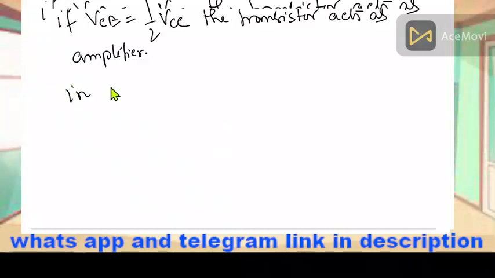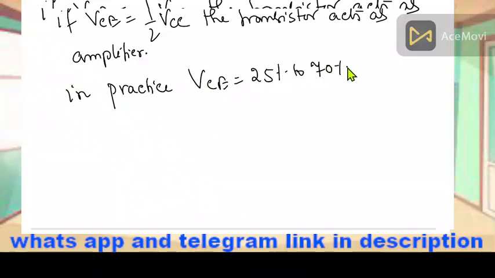In practice, for the transistors that are available for experiment, VCE is 25% to about 70%, it may vary, of VCC. It is not exactly equal to 50% of VCC. Either they can operate in cutoff or in saturation.